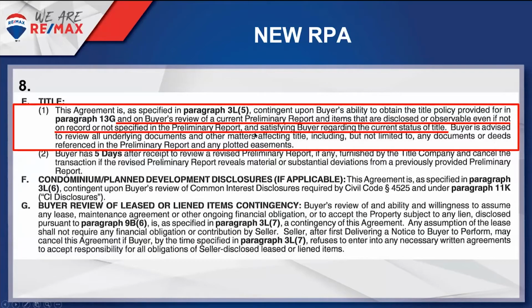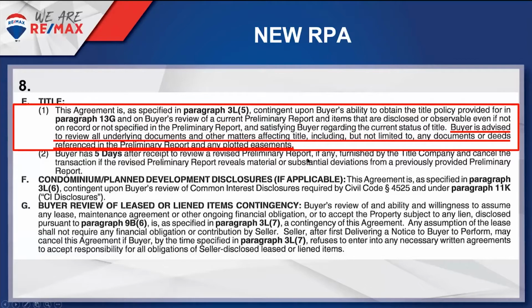So the buyer has the buyer's review of the preliminary title report for items disclosed or observable, even if not on the report and not specified in the title report, but still matters affecting title nonetheless. Then the buyer has a right to review that. And if she's not satisfied with that, they could exercise this contingency.